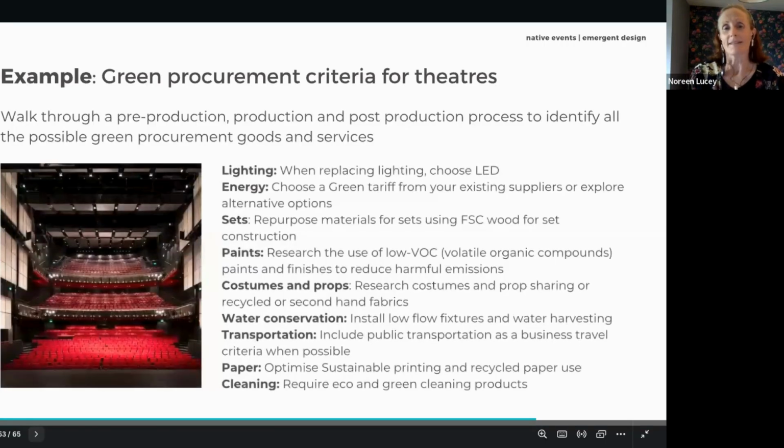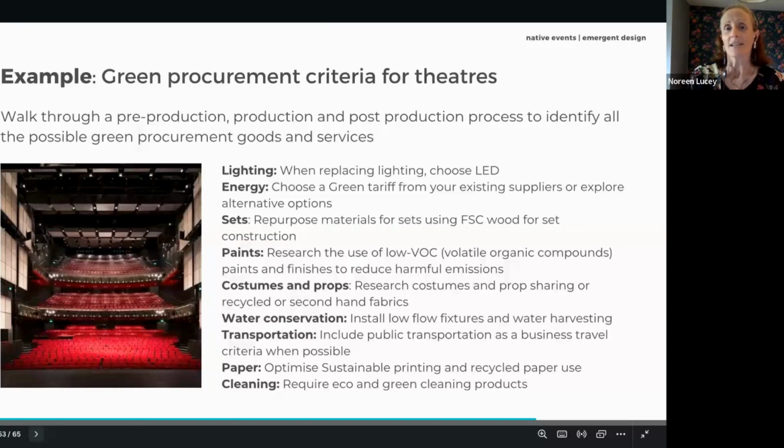It's always good to look at examples and the practical piece. We looked at different organizations to try and understand what goods and services they will be frequently purchasing. This is really a snapshot. Obviously, for theatres, you'll know what all of that purchasing criteria is. But we did a walkthrough of the pre-production, production and post-production process to identify all of the possible green procurement goods and services.